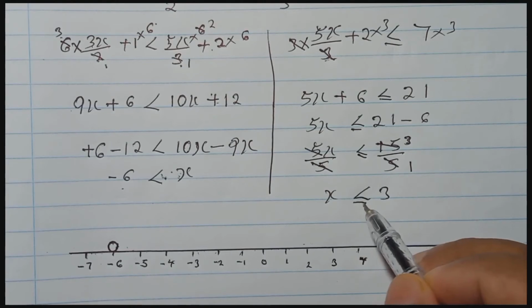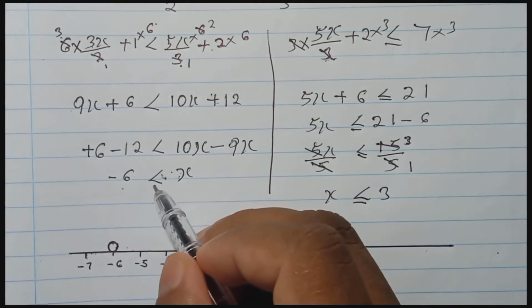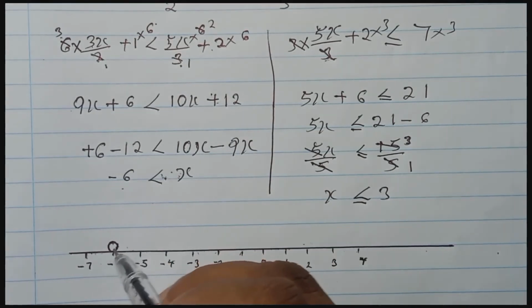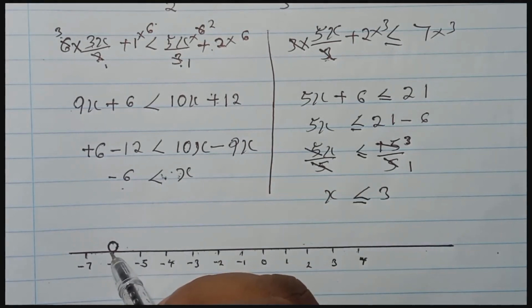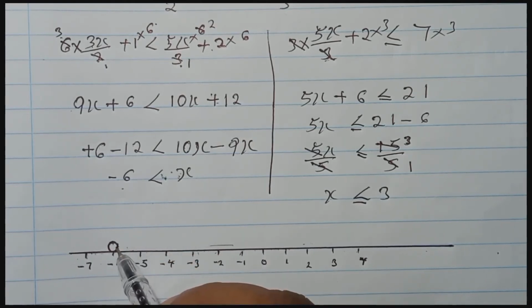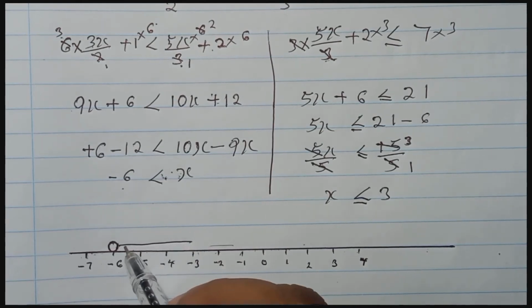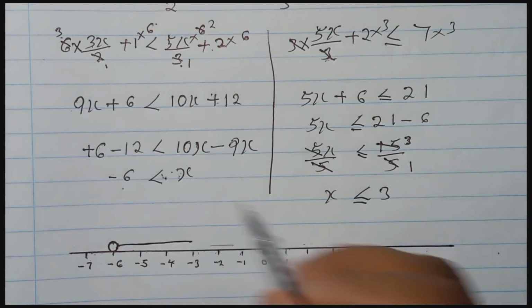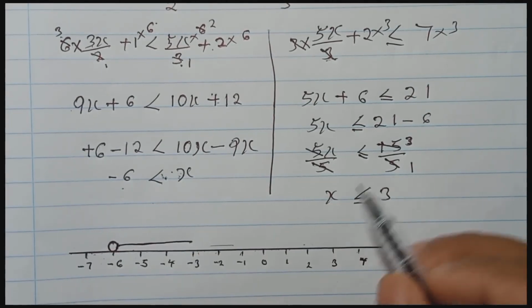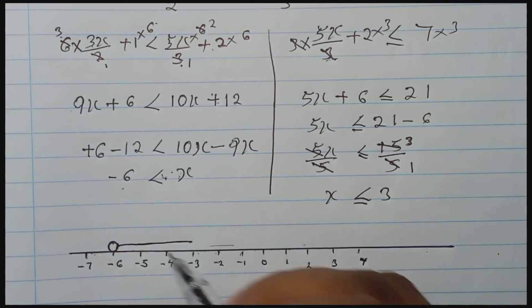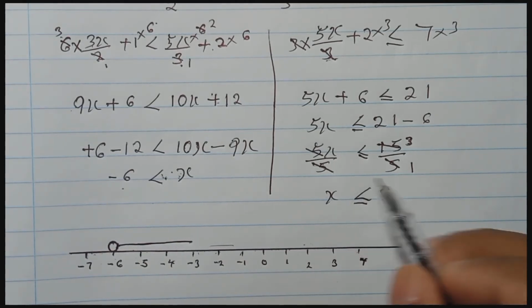Greater than minus 6 means this side, not this side, because this is less than. So we draw a line like this. When you have two inequality marks on the number line, mark this one also as part of that.